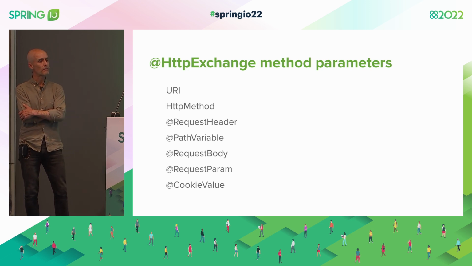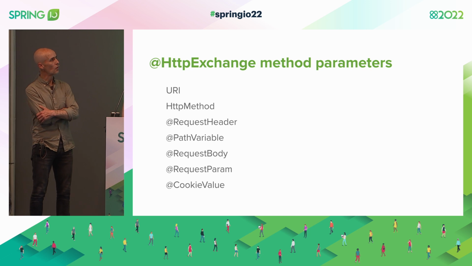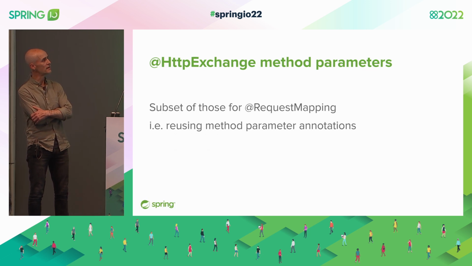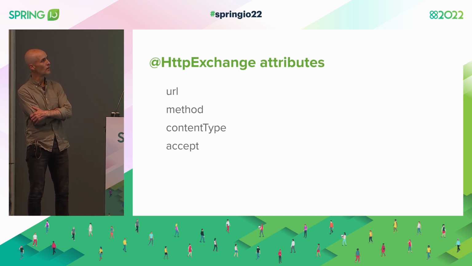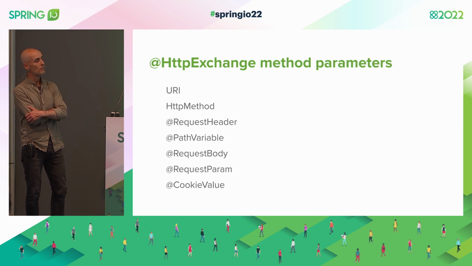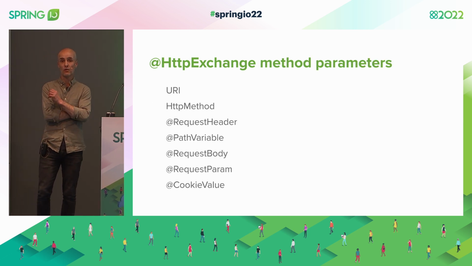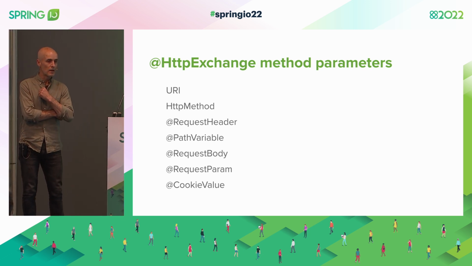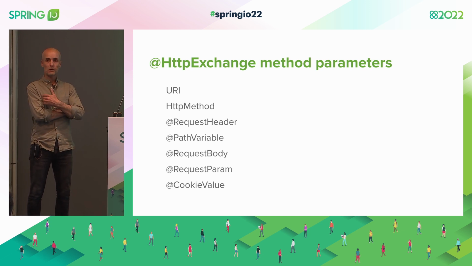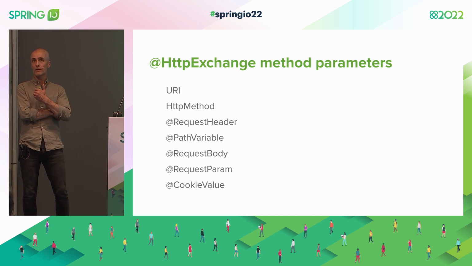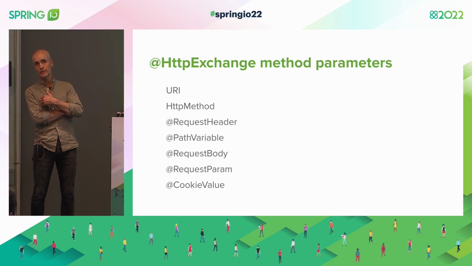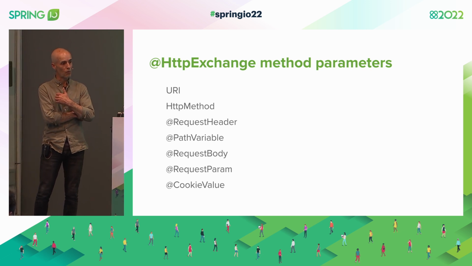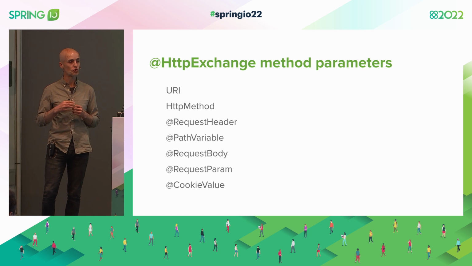I'll go through them quickly. So you can specify, obviously, the URL at the annotation. But if you want to have a dynamic URL, if you want to override the one which is statically defined on the annotation, then you can pass it in as an argument. There is an HTTP method argument. If you pass that in, again, you can override. Well, so one thing I'm not mentioning here is that we have shortcut annotations.